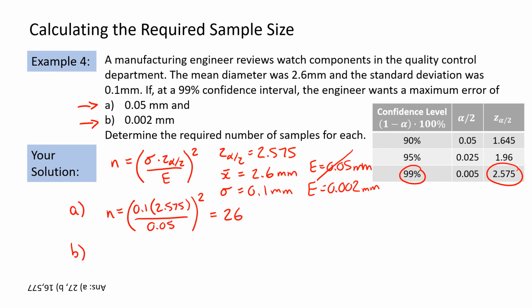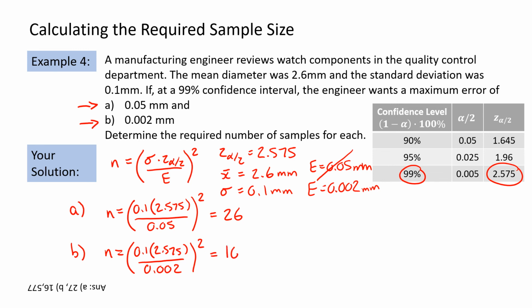We're at a 99% confidence interval. So n is equal to 0.1, our standard deviation, which is the same, times 2.575, again our z-score is the same. But now it's divided by 0.002 because our error is a different value, and that's all squared.